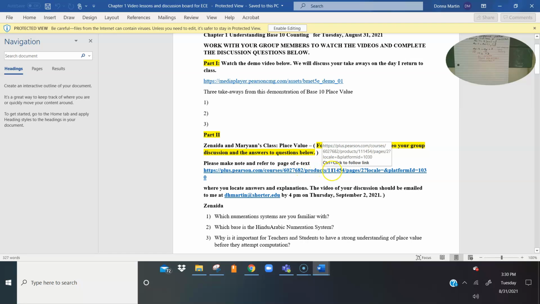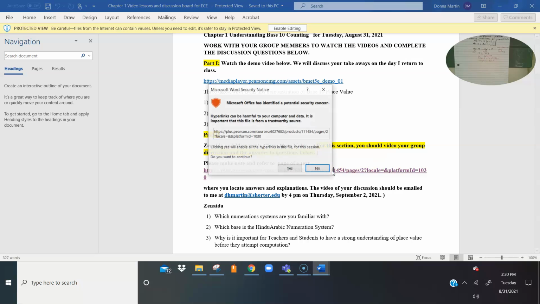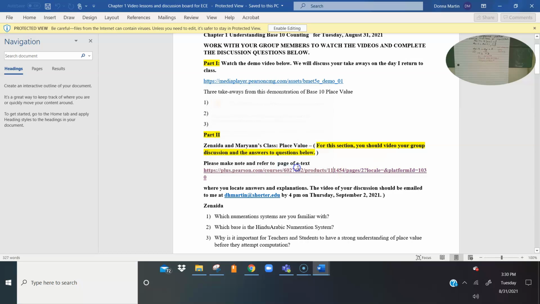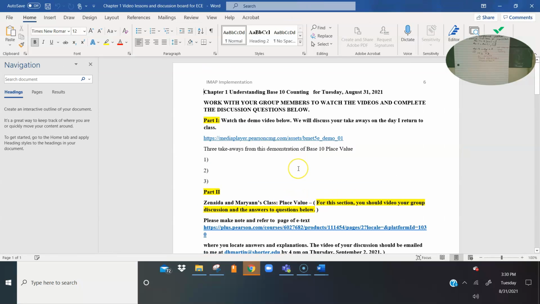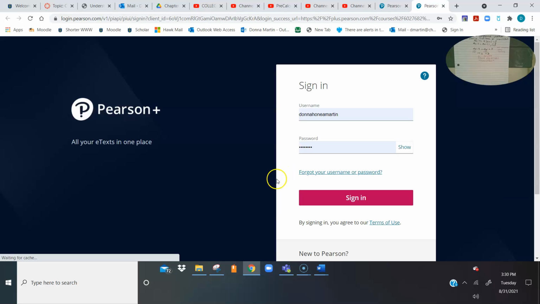There is a link that's here. You can hit Control and then click to follow the link. It says you can trust it. It should open up.